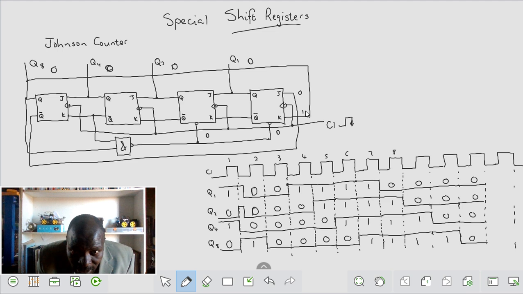This changes. That becomes 1, 1. This is 0, which locks the gate. Okay, so 0 locks the gate, so nothing happens. This 0 locks the gate, so nothing happens there. This is 1s.